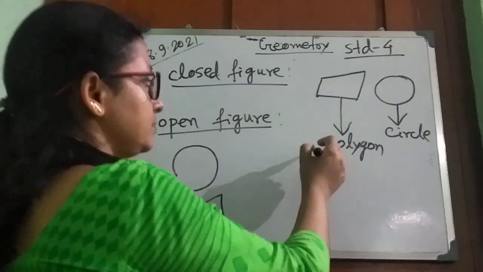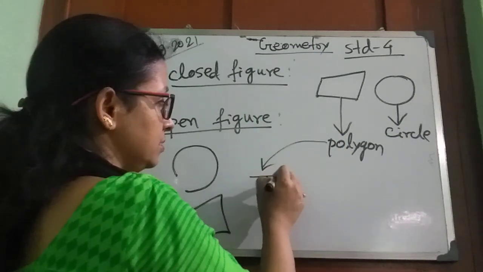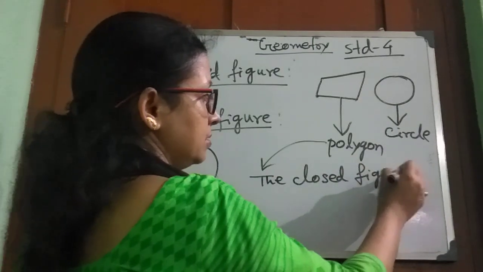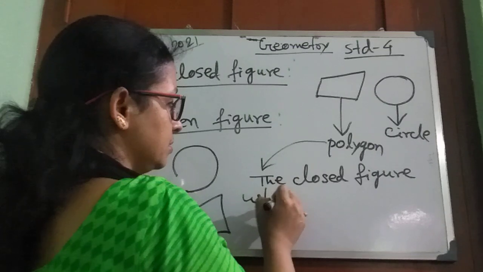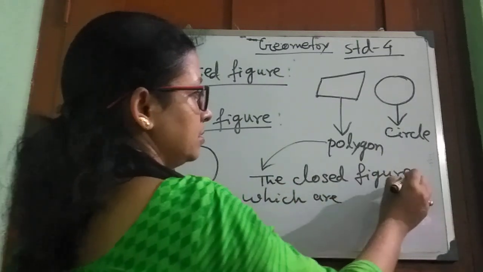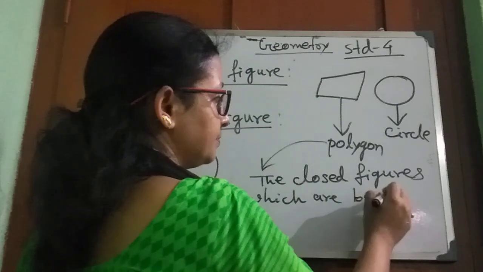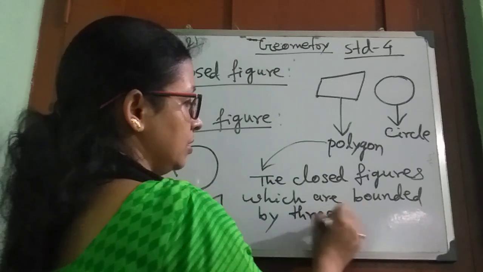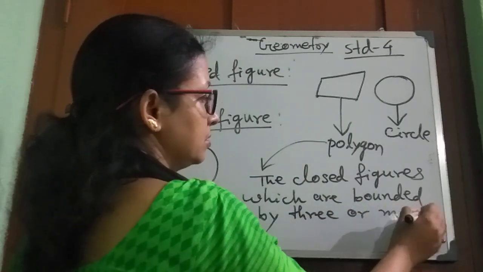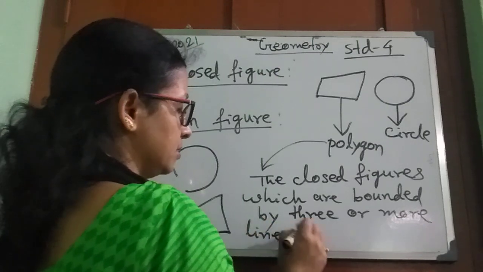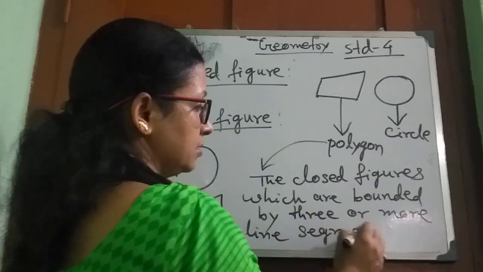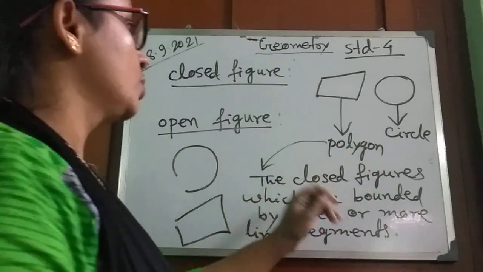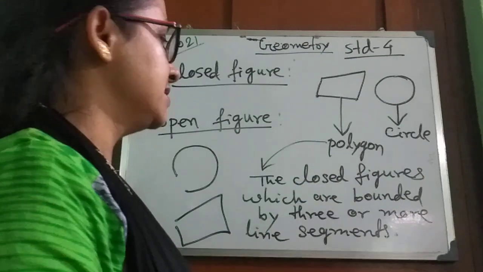A polygon means the closed figures which are bounded by three or more line segments. Understood? The closed figures which are bounded by three or more line segments are called polygons.